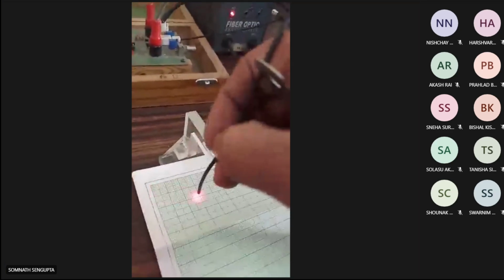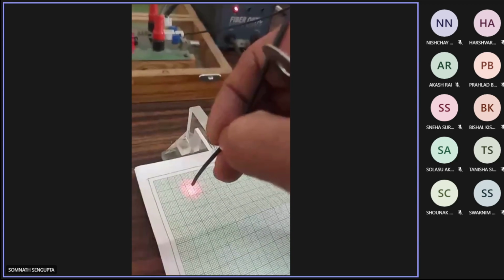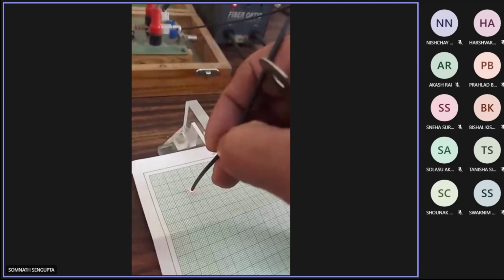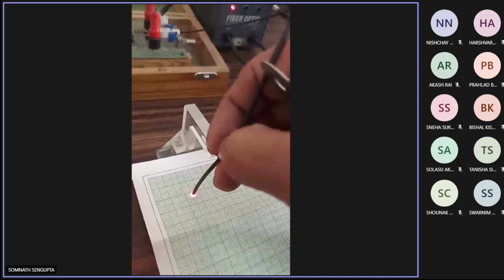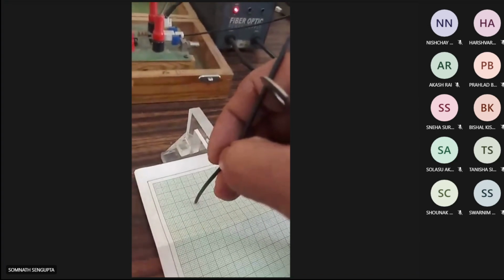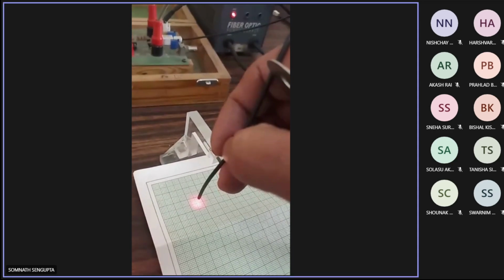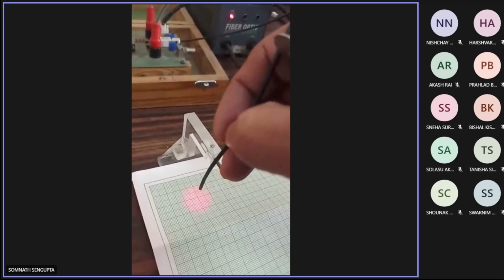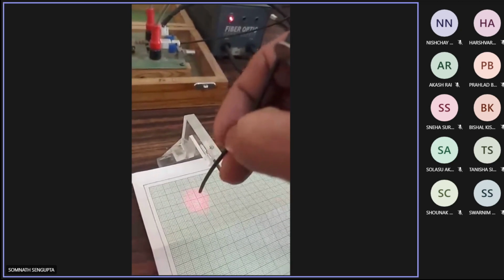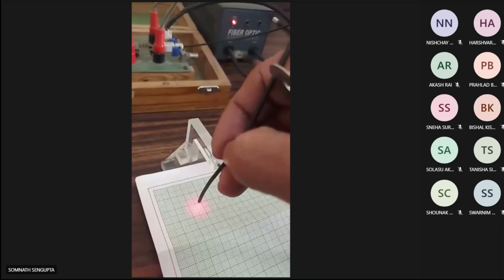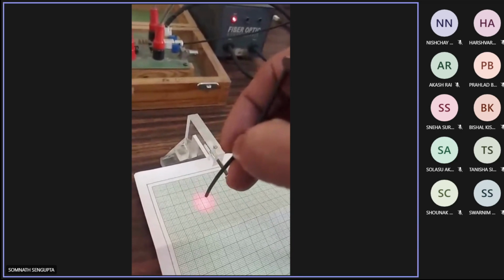If I bring the fiber close to the paper, you see the spot size is decreasing. And if you move the fiber away from the paper, then the spot size is increasing. So depending on the distance from the paper to the fiber end, the spot size will vary.